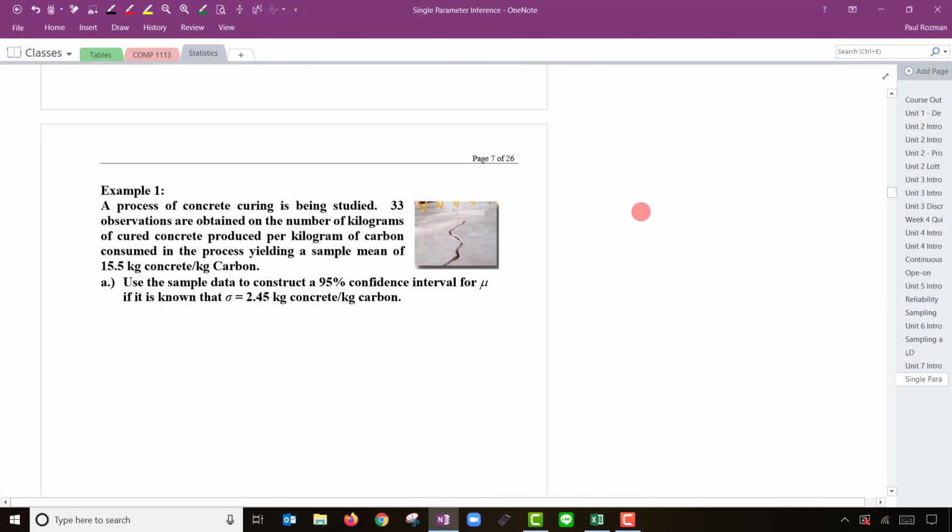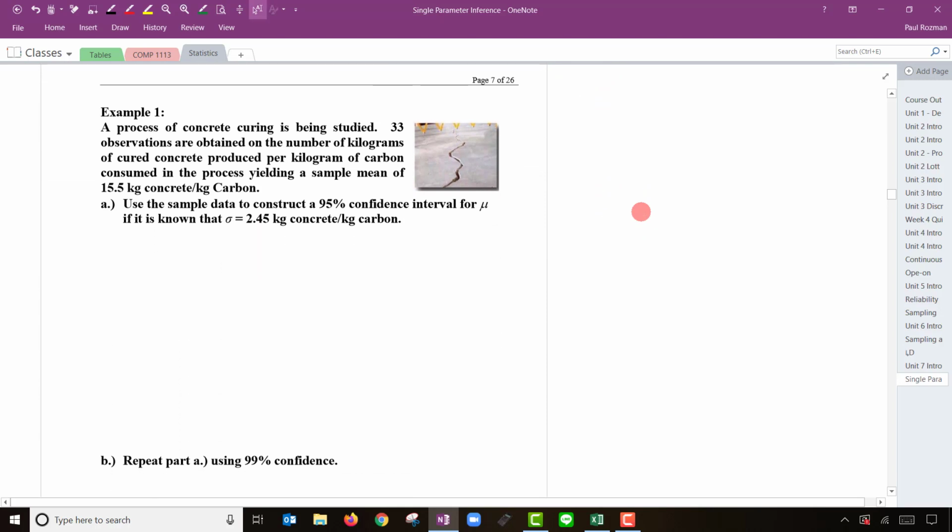Here's a little example. I'm curing concrete. So I want to measure something about curing concrete. I want to measure the number of kilograms of cured concrete per kilogram of carbon consumed in the process.